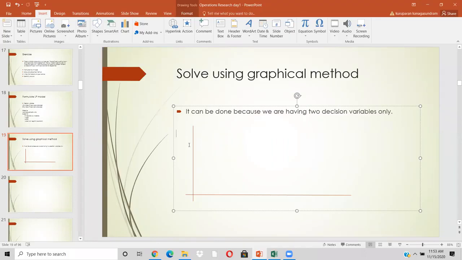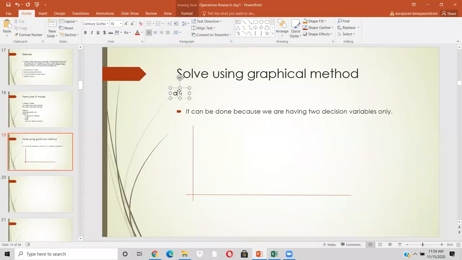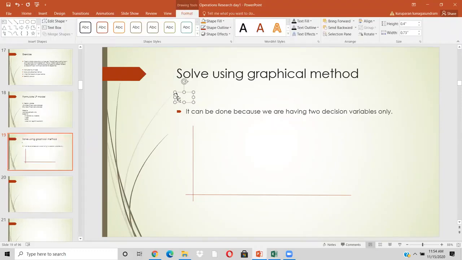One axis is for one variable. What are the variables we have?